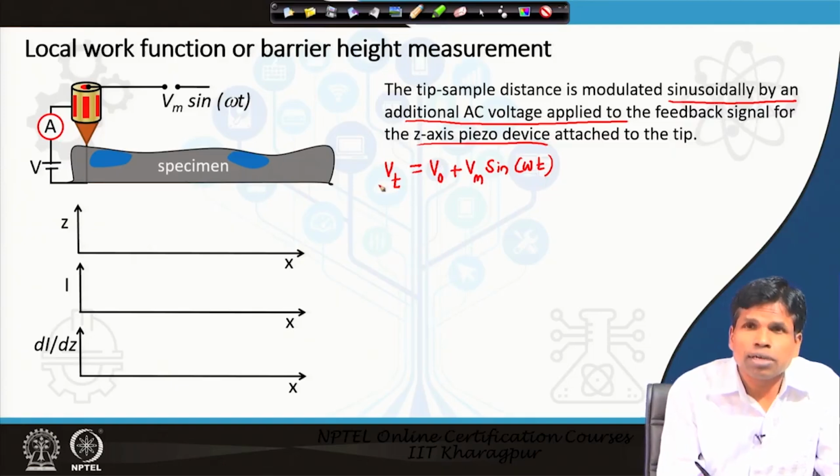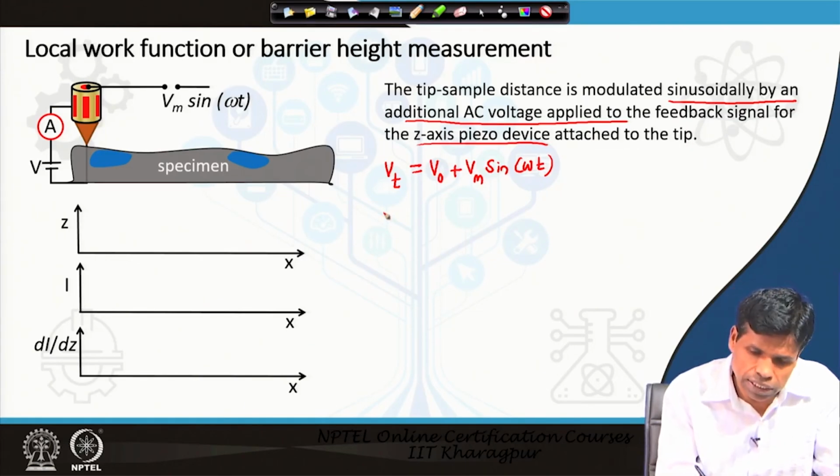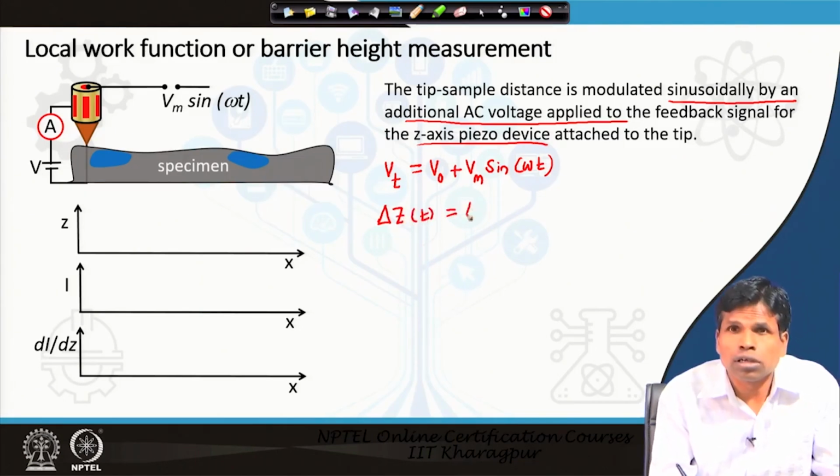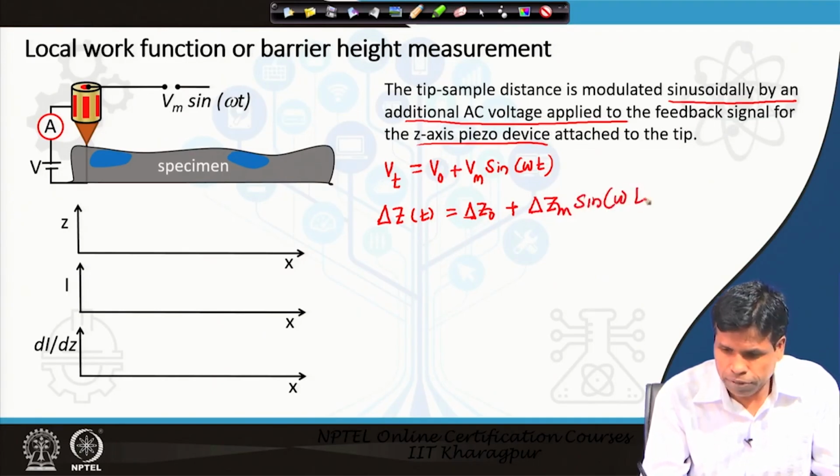Now, by giving this voltage, the distance between the sample and tip will change. That means there will be del z equal to del z0 plus del zm sin omega t.